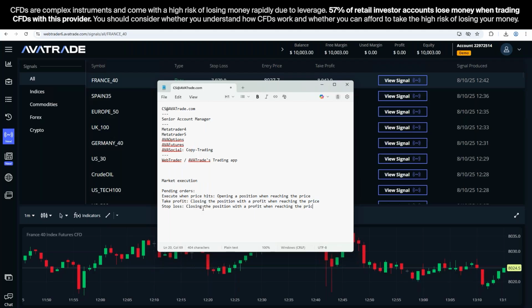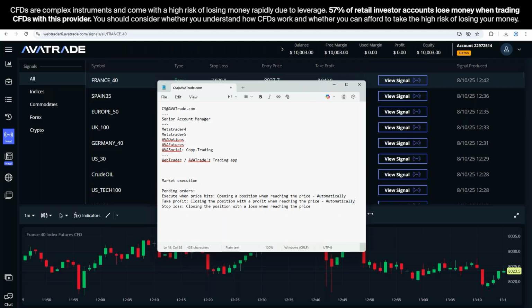This one is closing the position with a loss when reaching the price. And automatically, I always forget, automatically. That's the key ingredient behind pending orders. This is why they are called pending orders, because it happens automatically.